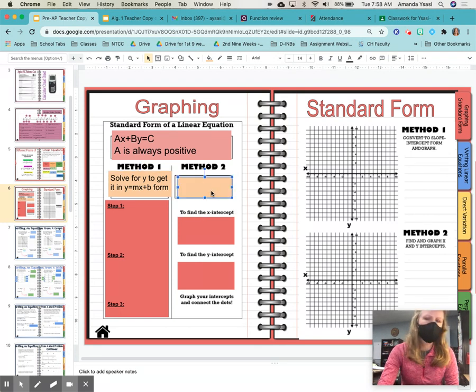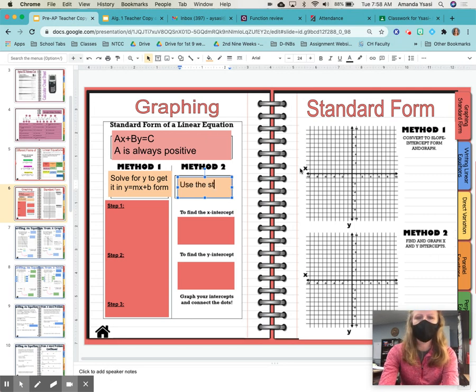Method 2 is going to be use the standard form to find the intercepts.